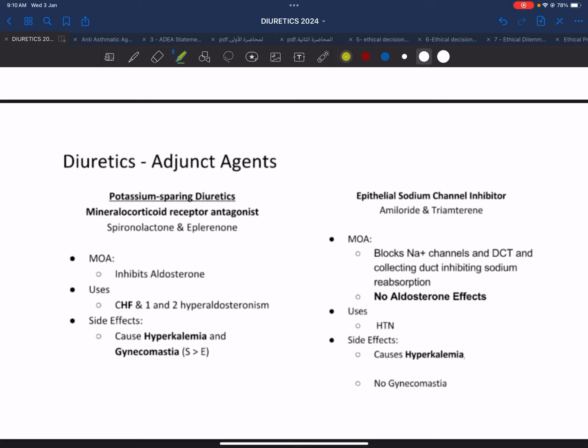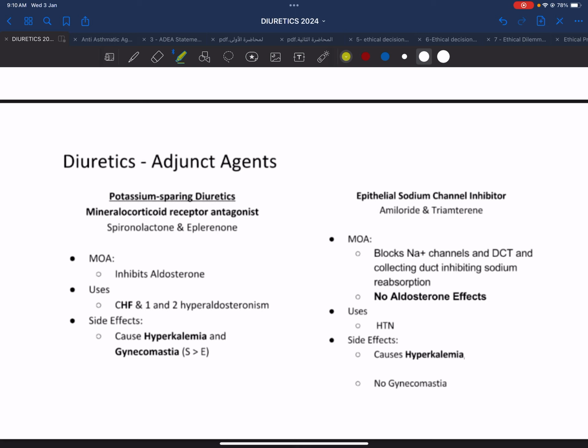It retains sodium and also retains water in the body. This is a normal cycle that goes on. In diabetic patients and hypertensive patients, this is increased. The accumulation of fluid is increased. Now the mechanism of action: it will inhibit aldosterone.